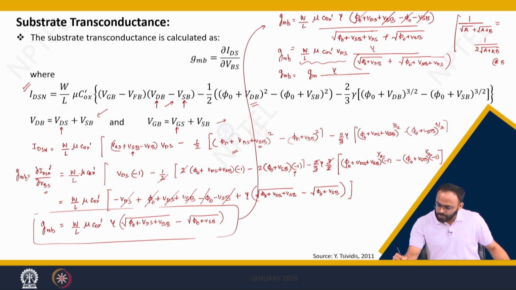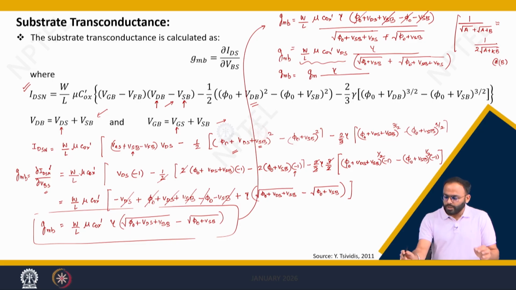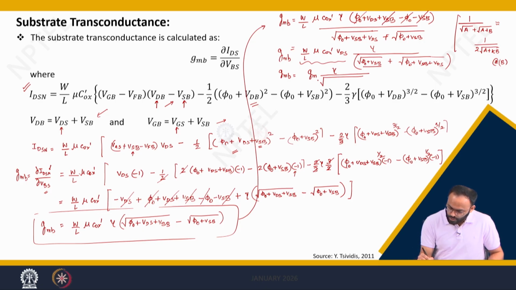So, at B equals to 0 if you calculate, this is same. So, when B is very small you can use this approximation, right. That is what we are going to use as this is A. So, I am going to use square root of 2 into A, which is phi naught plus VSB, and B is VDS. So, I need to represent as K times of VDS.